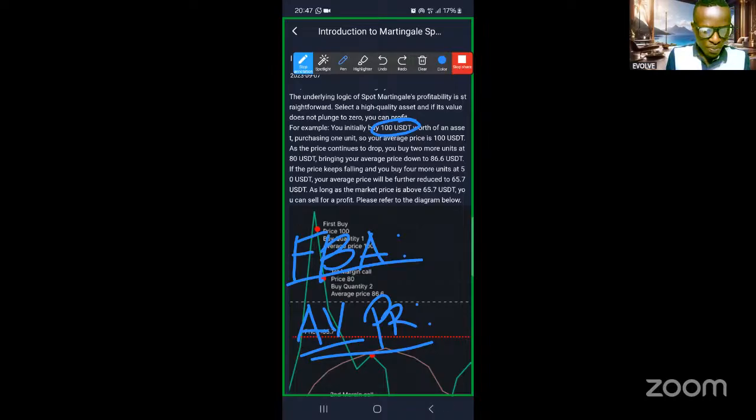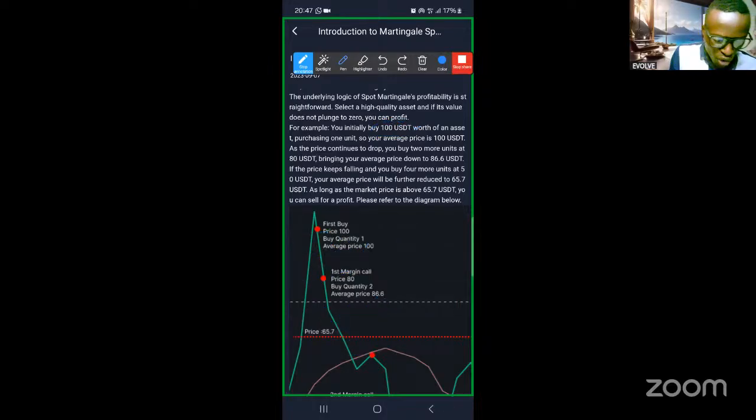Now, as the price continues to drop, you buy two more units at $80. So we are seeing the demonstration here. You entered from this point, this is where our first buying amount is. After you entered, the market dropped.